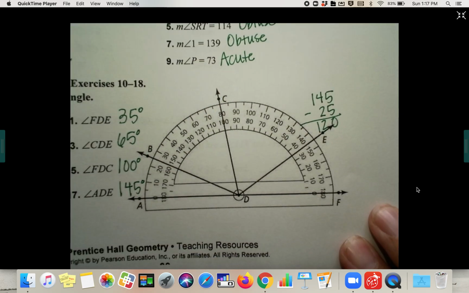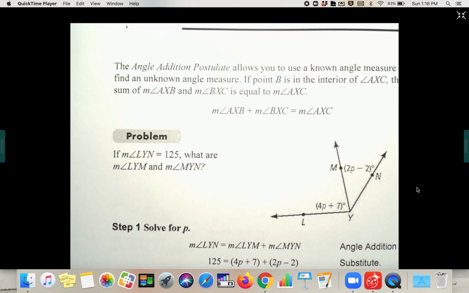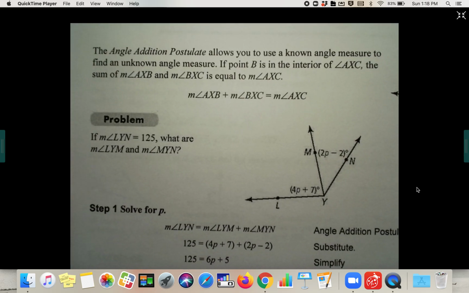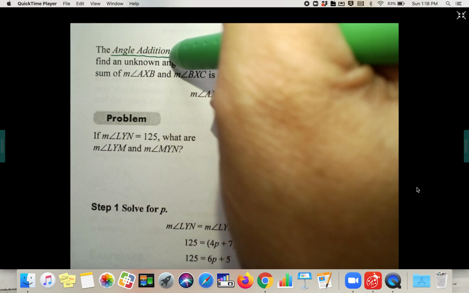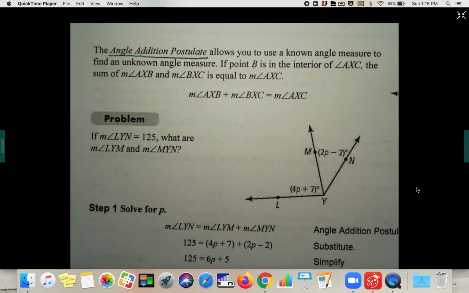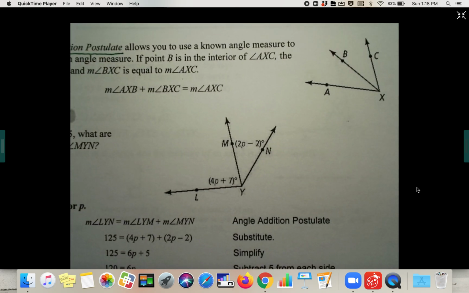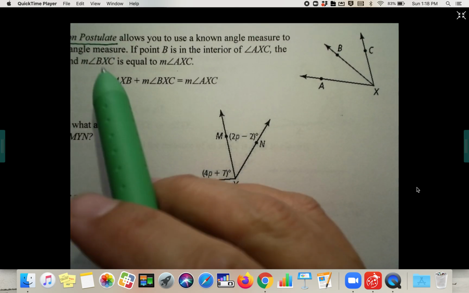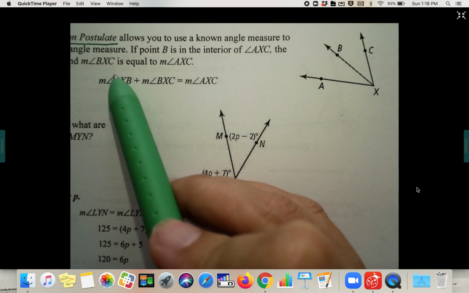All right, on the next page, we are talking about angle addition postulates. These are exactly like the segment addition postulates that we've already done, but it's just angles this time instead of segments. So what they're saying is this little m stands for the measure of angle.